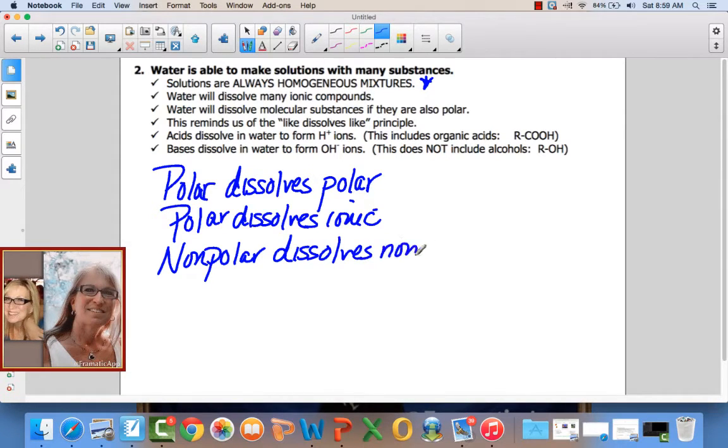So on the Regents, if they say that benzene will not dissolve in water, and they ask you why in terms of polarity, you don't have to know what benzene is. You already know that water is polar, and if something doesn't dissolve in water, it must be nonpolar.